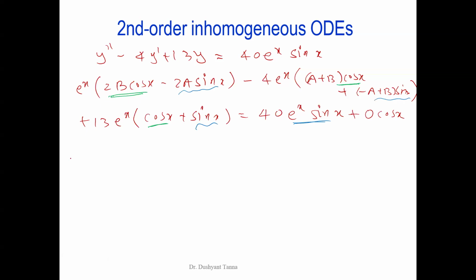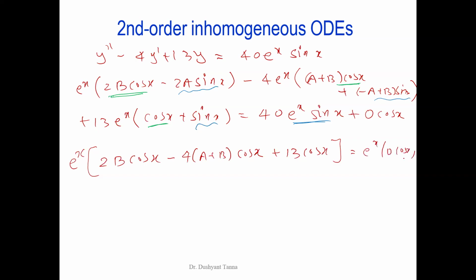We'll keep e^x in front. So this is 2b cos x minus 4(a + b) cos x plus 13 cos x is equal to e^x times 0 cos x. So that will be 0, right? And we don't worry about simplifying it for now.